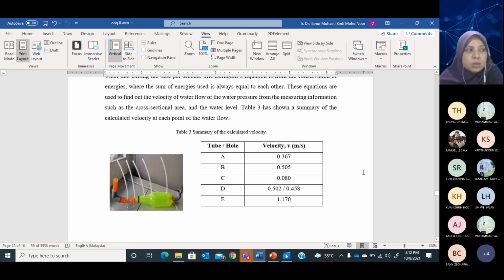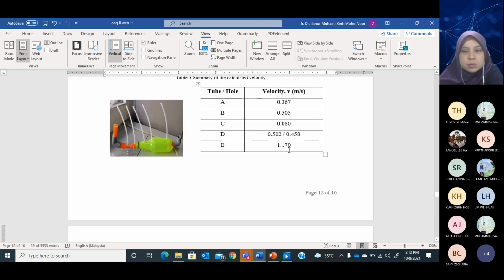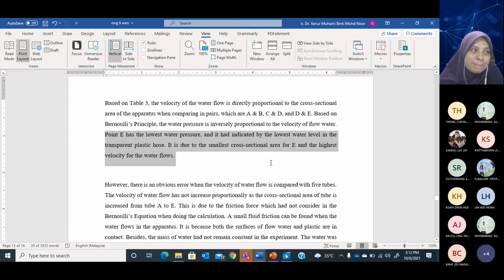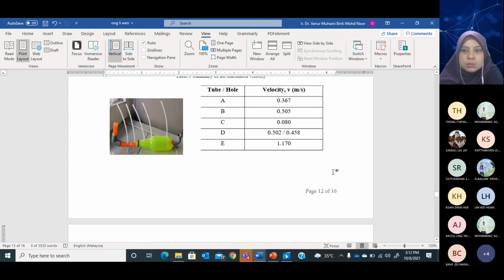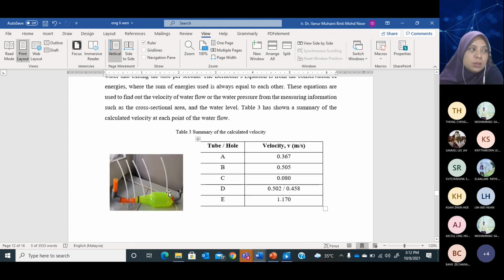Smallest velocity, correct or not? Here highest. Smallest cross-sectional area for E. E, from what I see, is the biggest. I think she meant A.